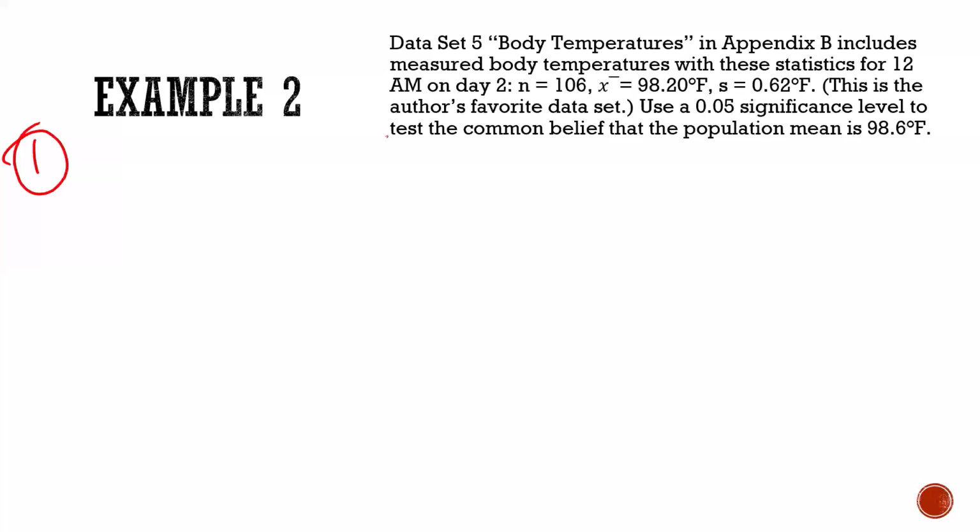So remember, the original claim is always going to be some sort of inequality. And before, it's always been less than or greater than. What's it going to be in this case? If you don't see any evidence pointing towards one or the other, it's probably this.